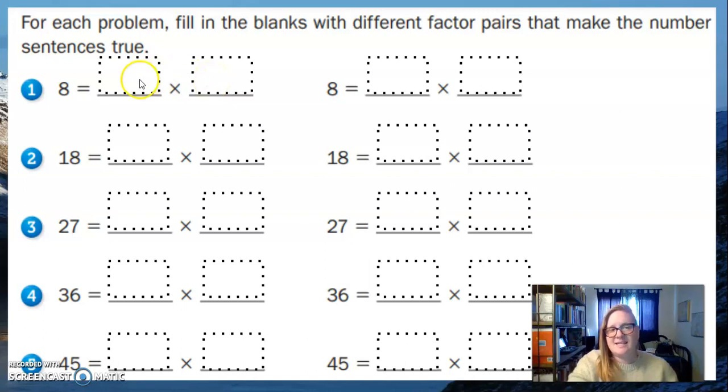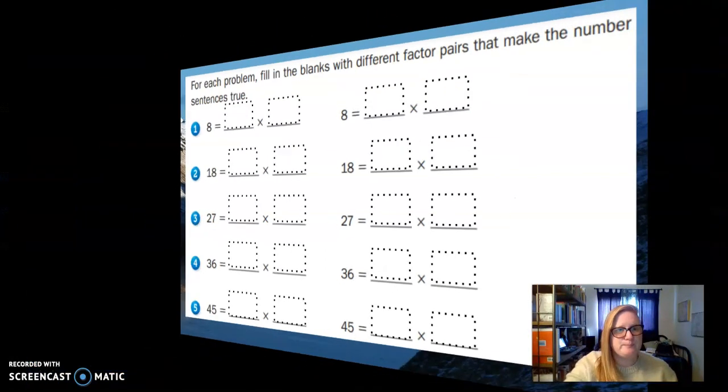You cannot switch it and go 1 times 8 because that's the same. We want different factor pairs. And all of these are going to have different ones. So try not to do the turnaround rule when creating these. If you do, then I will comment and tell you to rewatch this video.